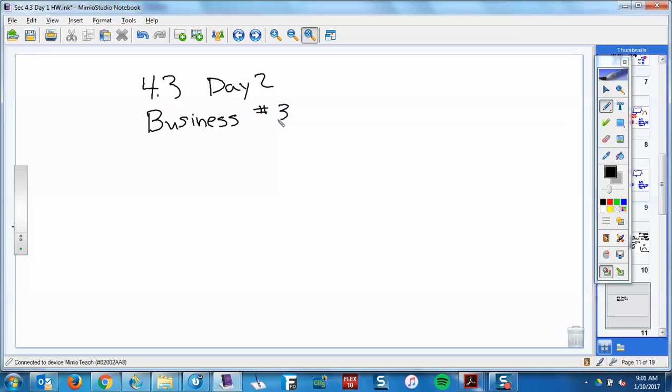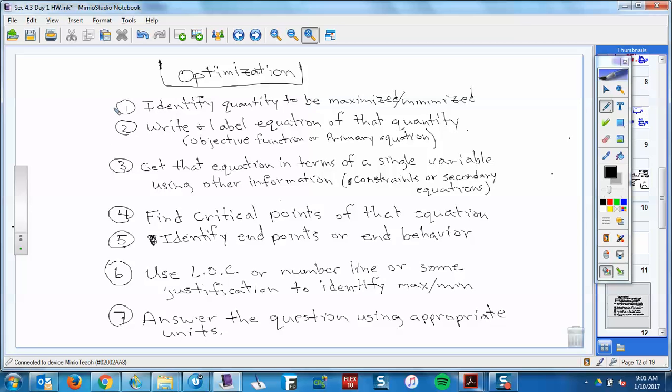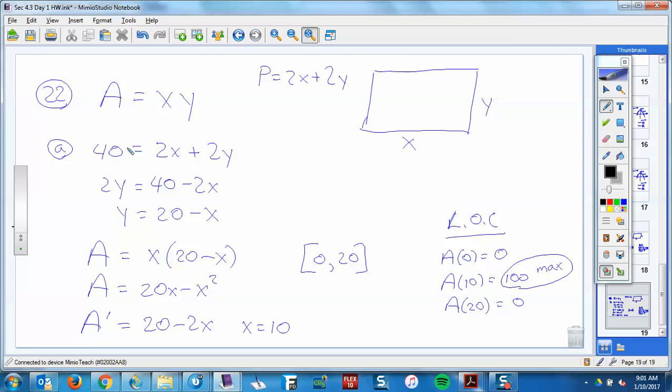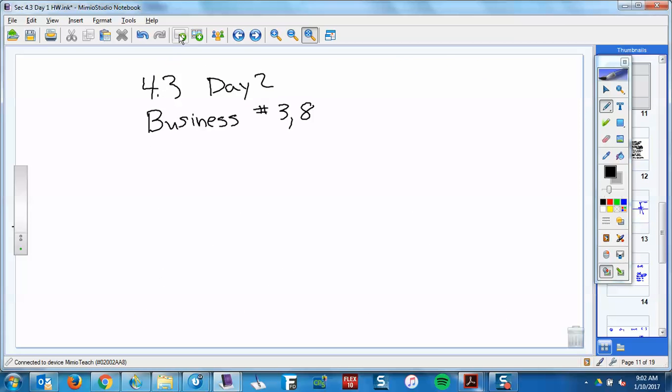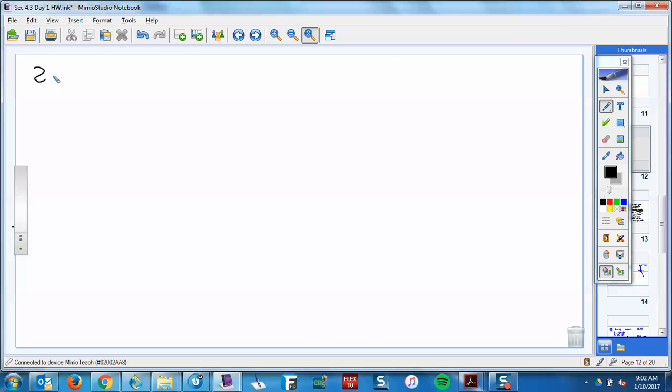You're doing number 3 and number 8. All right, so I'm going to help you get started with number 28 on your homework. I thought I had a picture of that somewhere, but I guess I don't. So I guess we'll do that together.